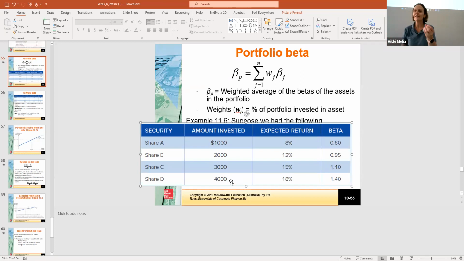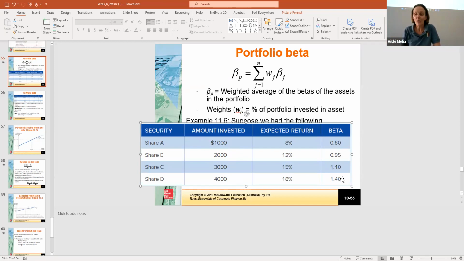So using that total value, I could work out the weight of each asset in the portfolio. And all I need to do, if I wanted to calculate the beta for my portfolio, is calculate the weight of each asset and multiply the weight by the asset's beta.